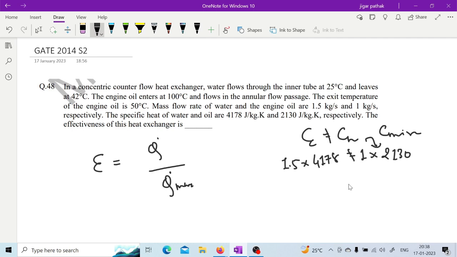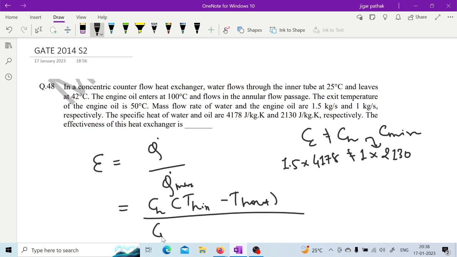Here your Ch is C min. So if you have Ch as your C min, then the shortcut is you can use Th in minus Th out upon Th in minus Tc in.